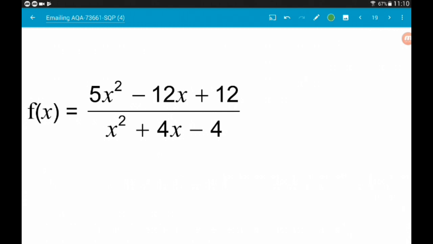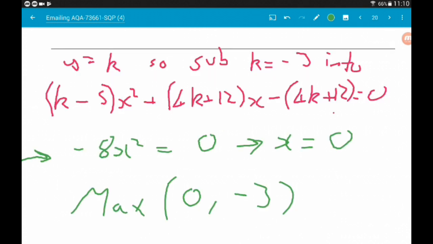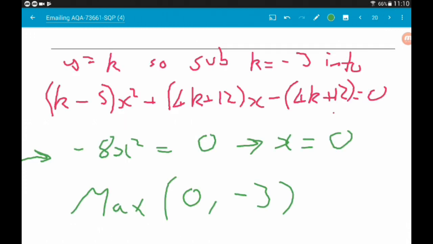So it's going to be x squared plus 4x minus 4 over the other bit. So x squared plus 4x minus 4 over 5x squared minus 12x plus 12.